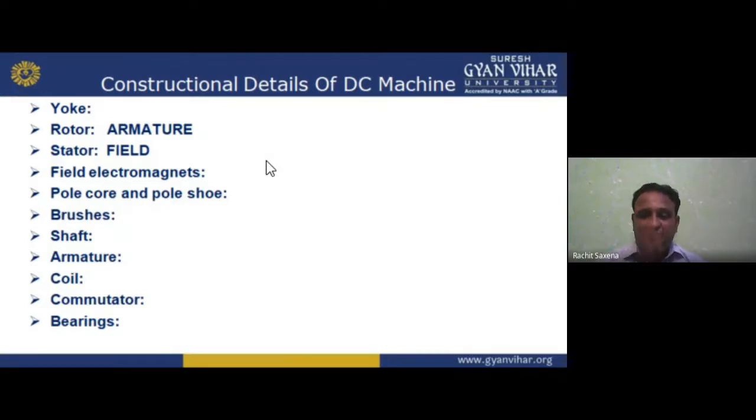That spreading is done by the field electromagnet, that is the pole core. The pole winding converts current into flux, because inductance is there, turns are there, and the magnetomotive force.